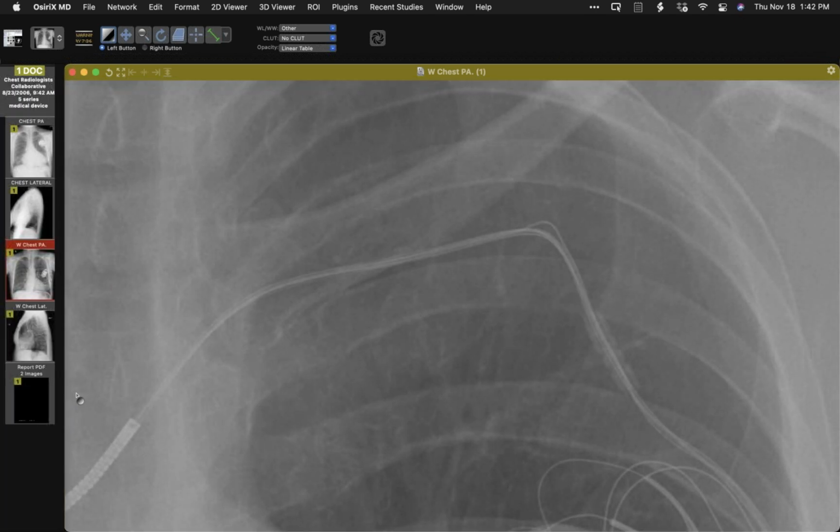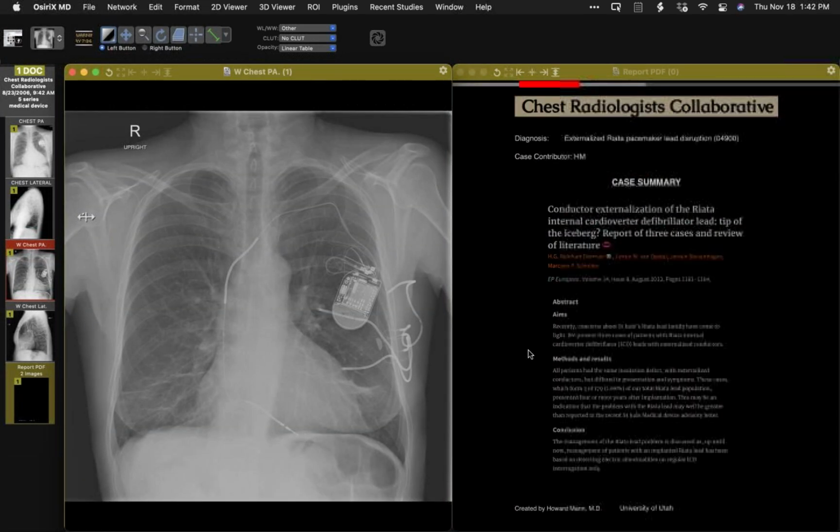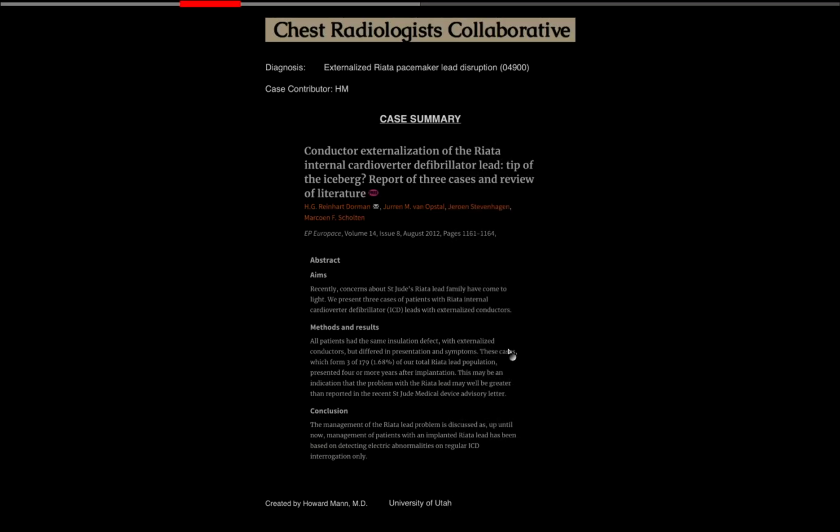So this is known to occur with a lead called a Riata lead, and it's termed conductor externalization of the lead. And you can see there were case reports of this going back some years. It turned out to be a bit of a scandal because I think the manufacturer tried to hide the occurrence of this abnormality for some time, but it is definitely a something.